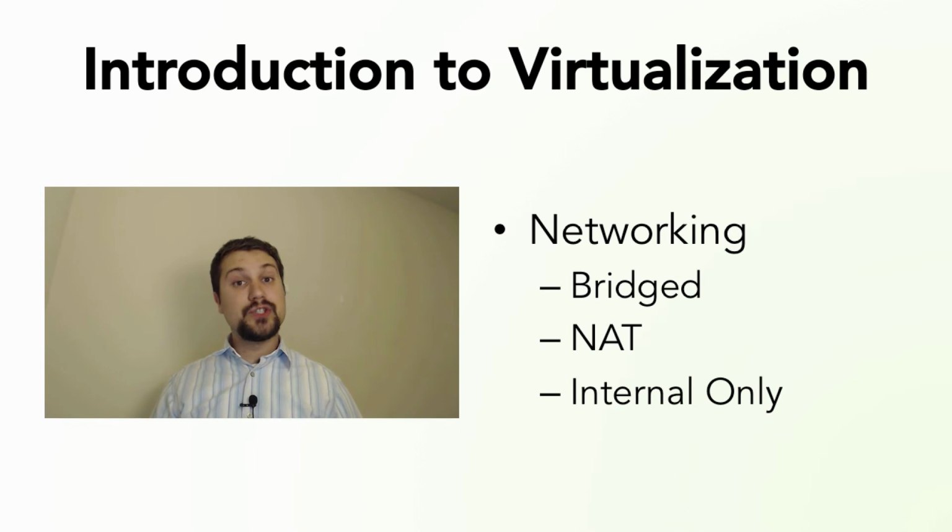And then finally, you have internal only, and this essentially means that VM to VM communication happens internally to the machine. They have no connectivity outside. You are setting up a virtual LAN for these VMs to talk to each other, but they won't be able to talk to anything else outside of that virtual LAN.